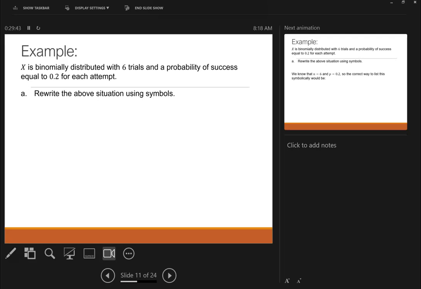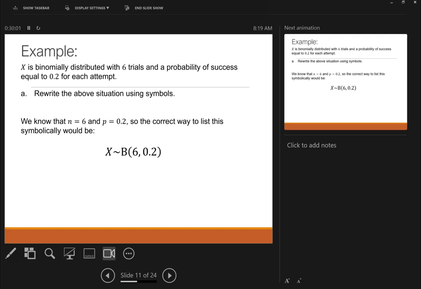So we start by writing x, squiggle, B, parenthesis, and then we need to put n comma p in there. What is the n in this situation? 6. And p is 0.2. So there's symbolically what the situation is, right? X is a binomial distribution, B(6, 0.2). Everybody feel good so far?